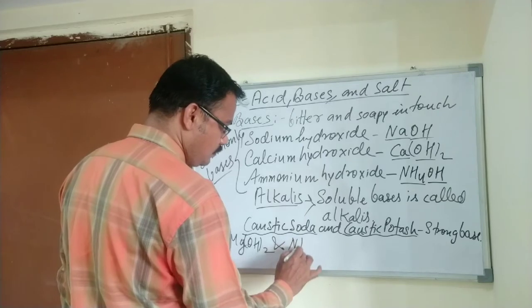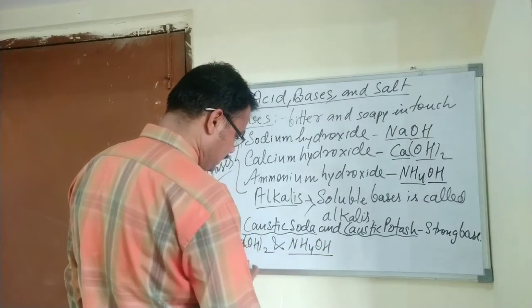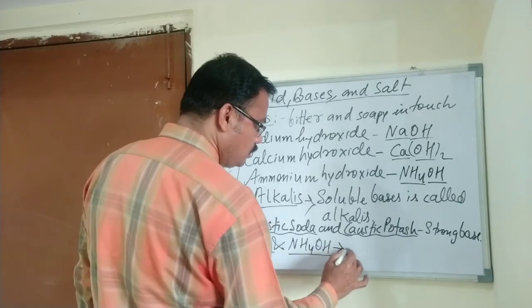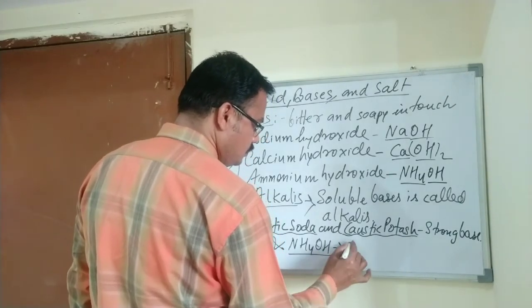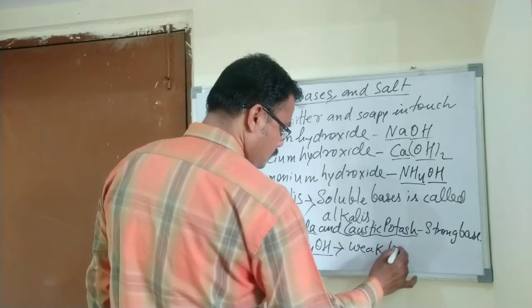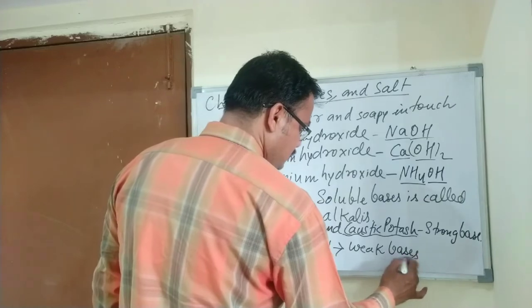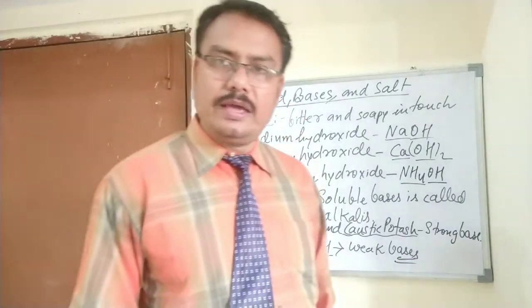Magnesium hydroxide and ammonium hydroxide are the two weak bases, which contain fewer hydroxide ions.